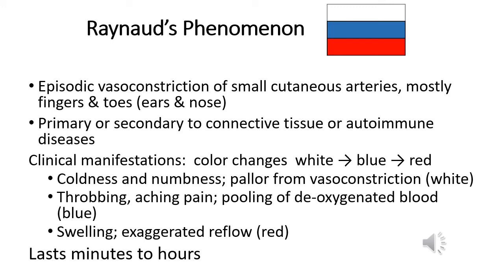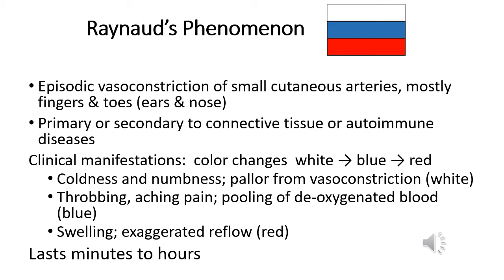Clinical manifestations are that when the episode does occur, the color changes on the tips of the fingers or the toes, and it will go from a pallor, and that's when the real vasoconstriction is occurring and the oxygen isn't getting to the distal extremities.